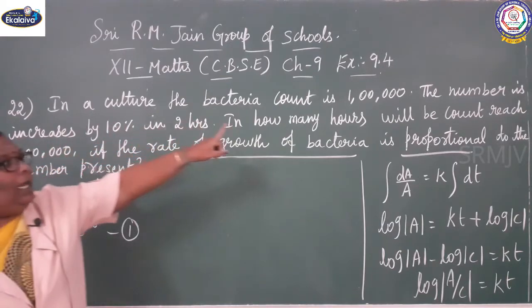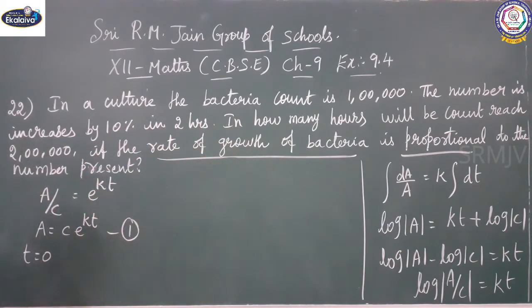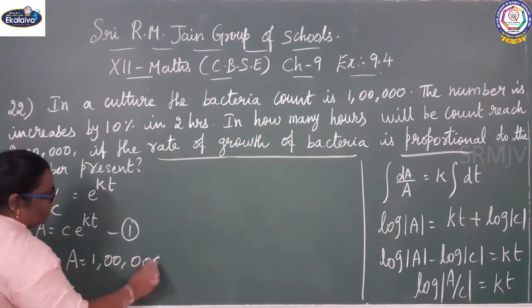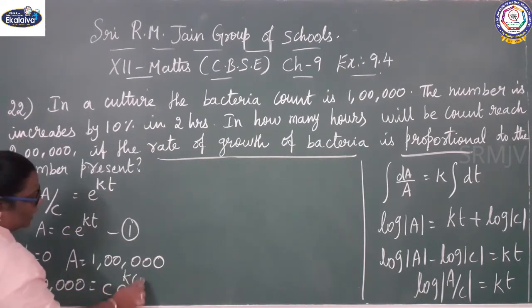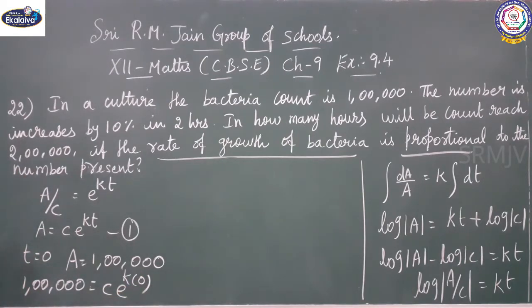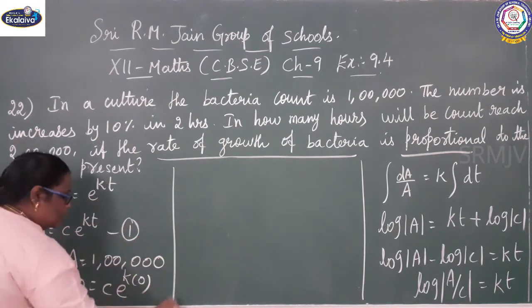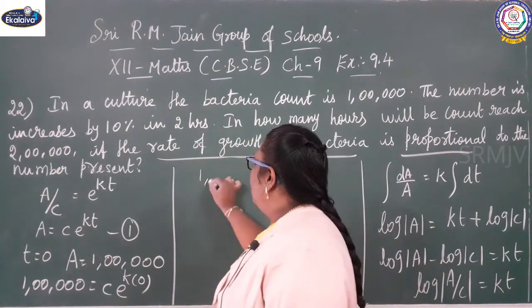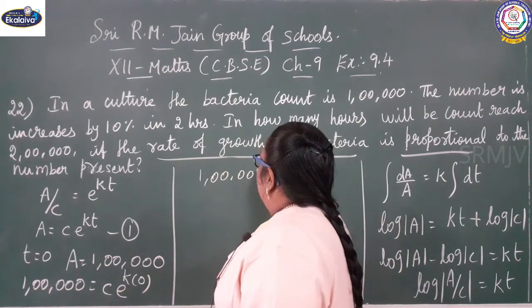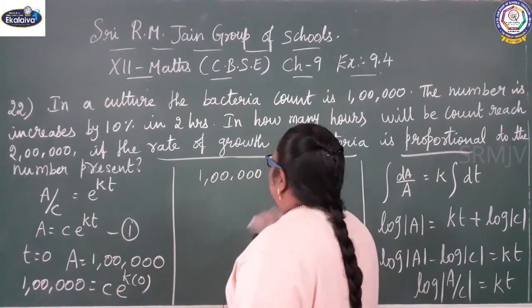Starting when t equal to 0, what is the bacteria level? 1 lakh. A equal to 1 lakh. You can substitute in this equation. So 1 lakh equal to C e power k into 0, that is, 1 lakh equal to C e power 0.